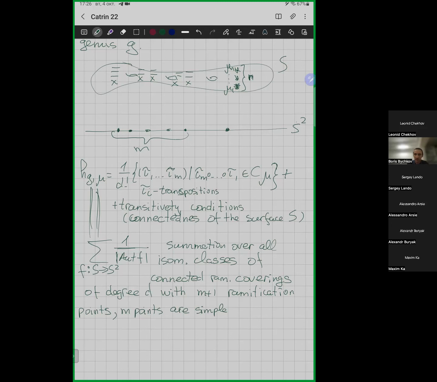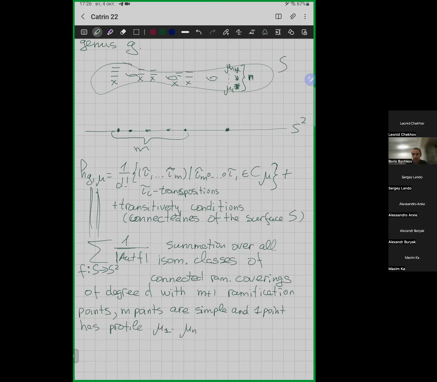These points are fixed and ordered on the sphere, and an isomorphism is an orientation-preserving homeomorphism of this upper surface S such that you have a standard commutative diagram.